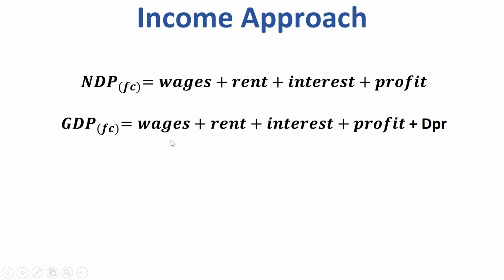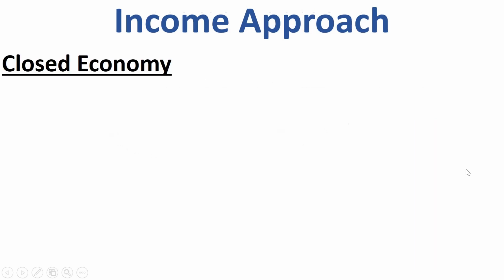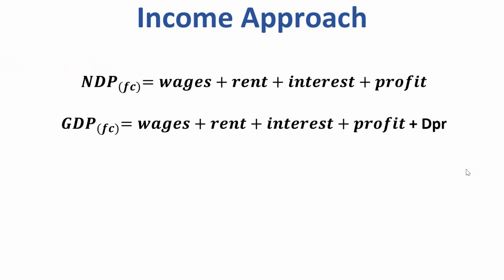Now, from the definition, our focus was on market value. So having GDP at factor cost means that we have to move a few steps further. We have GDP at factor cost, but from the definition, our interest is to get GDP at market value or at market price. How do we do this?